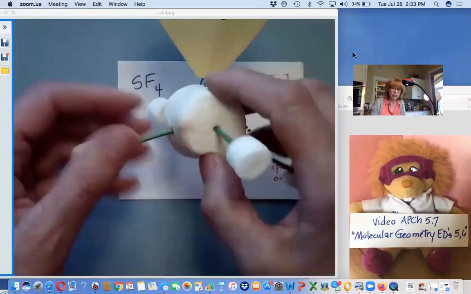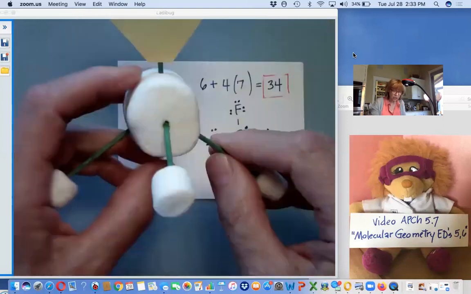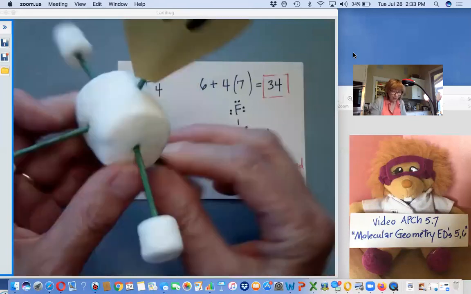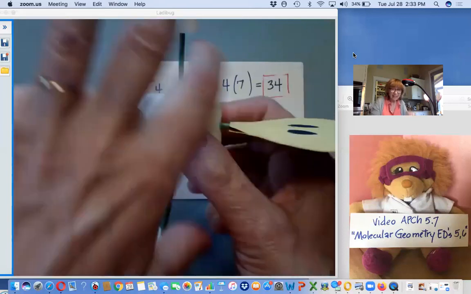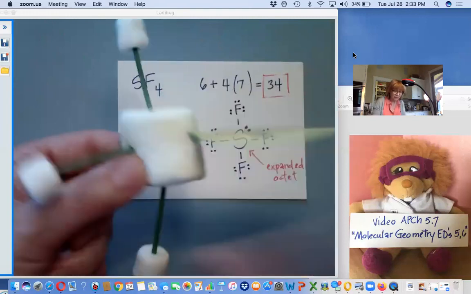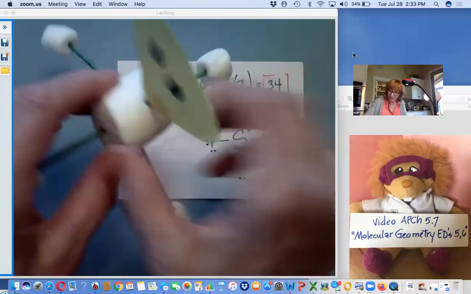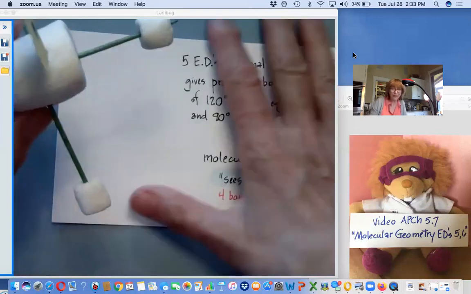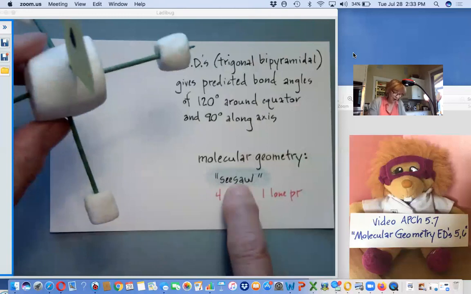That's going to result in a little bit of distortion, both on the equator and also on the axis. I'm exaggerating it here. So when that is the case, the molecular geometry has the very scientific name of seesaw.